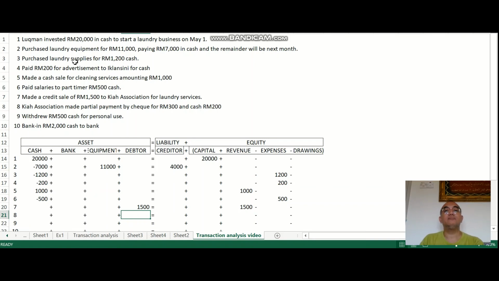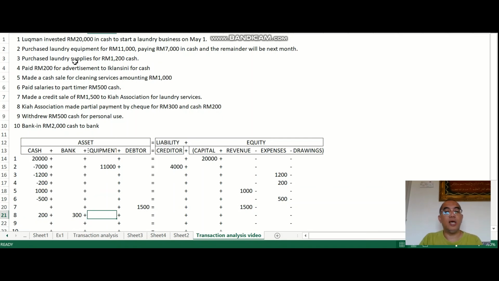Number 8, Kia Association made partial payment by check 300 and cash 200. By check 300. So your bank increased by 300, as well as your cash also you get 200.